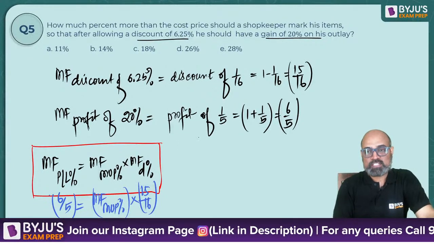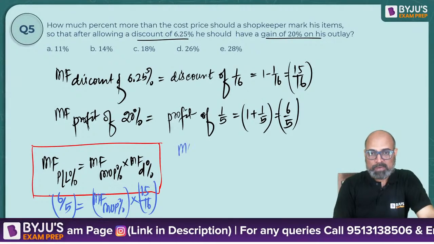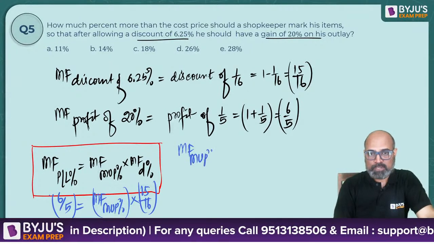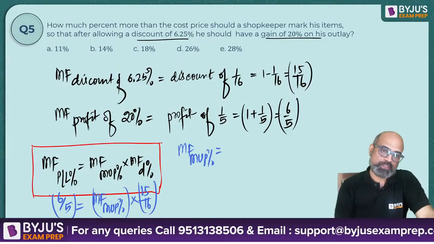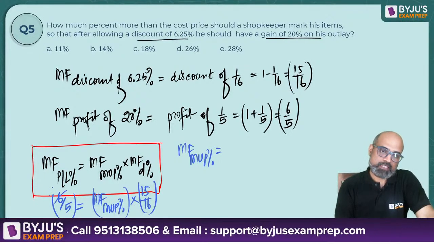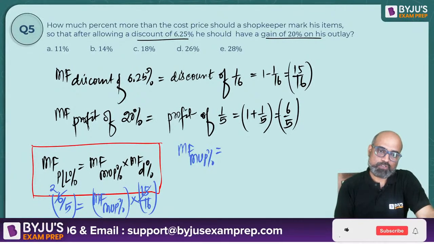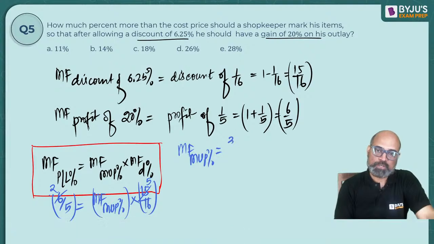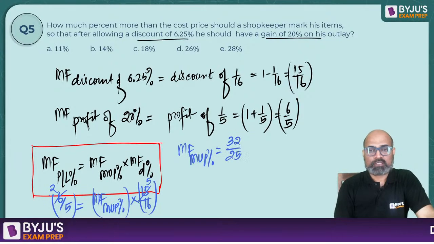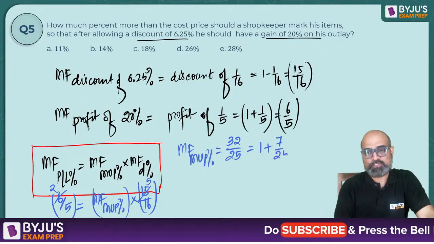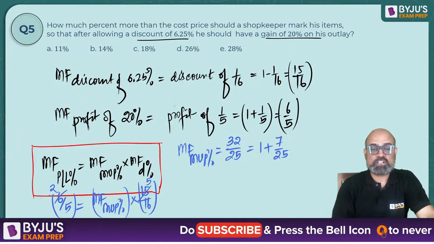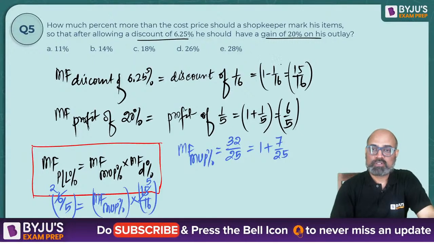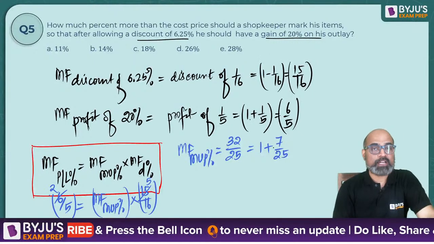If you solve this, you will get multiplying factor of markup price percentage equal to: in 16 we make it 2 here, and this becomes 5. So this one will become 32/25. 32/25 means 1 plus 7/25, just doing the vice versa of what we did before. 1 plus 7/25, compare.